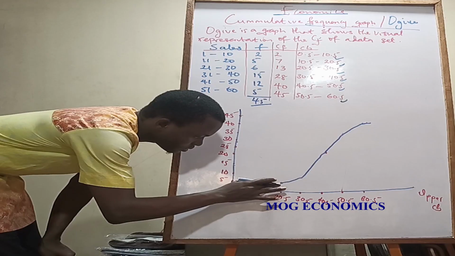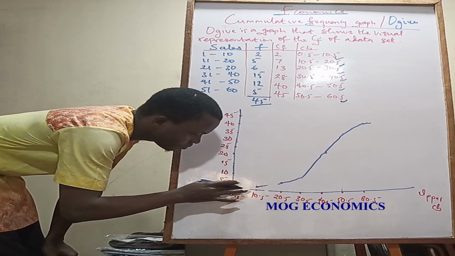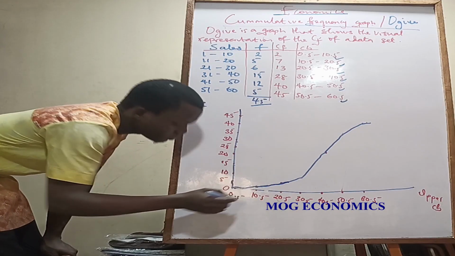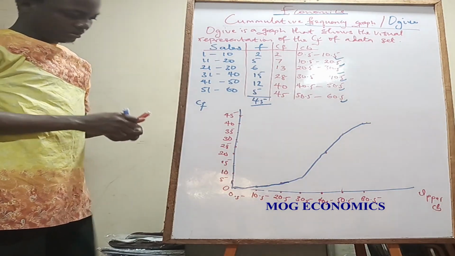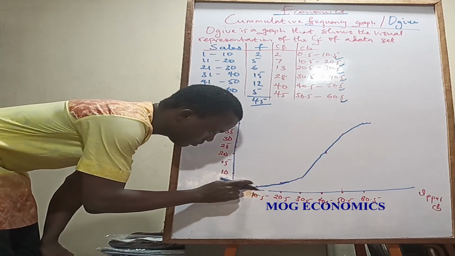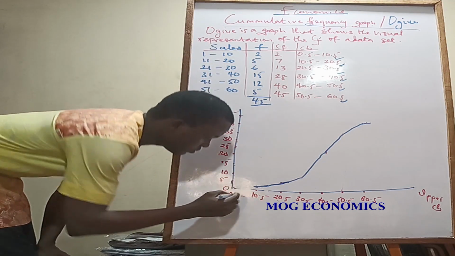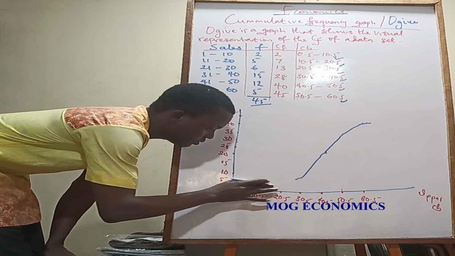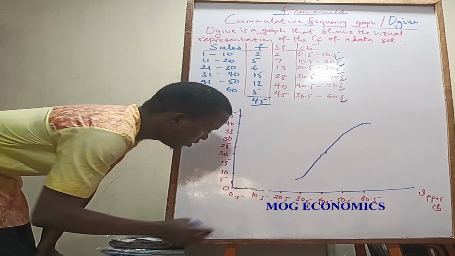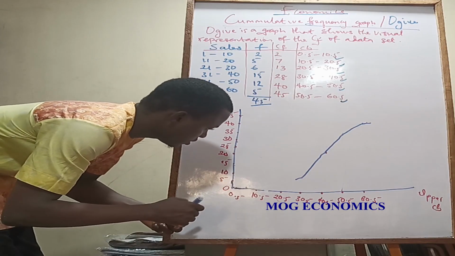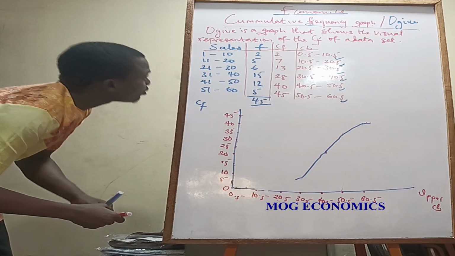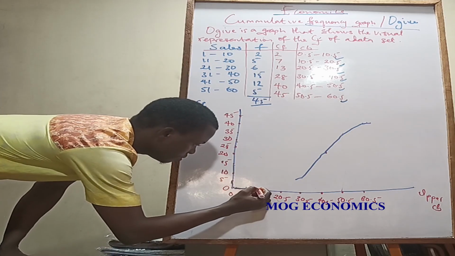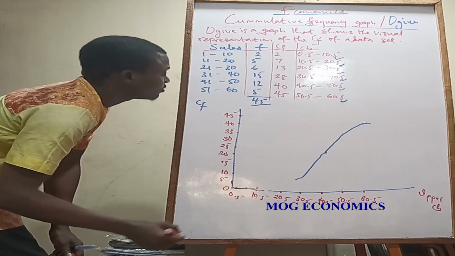Does it make sense? So 0.5 here. 10.5 is 2, so around here. 20.5 is 7.